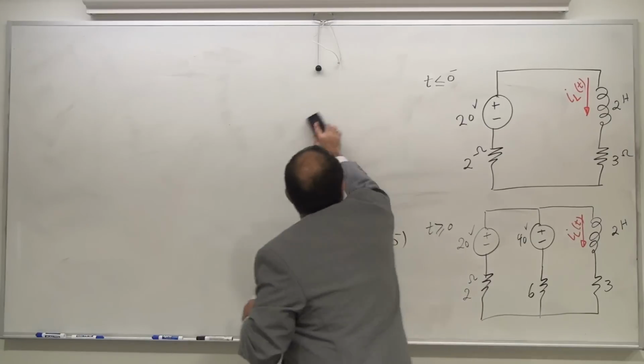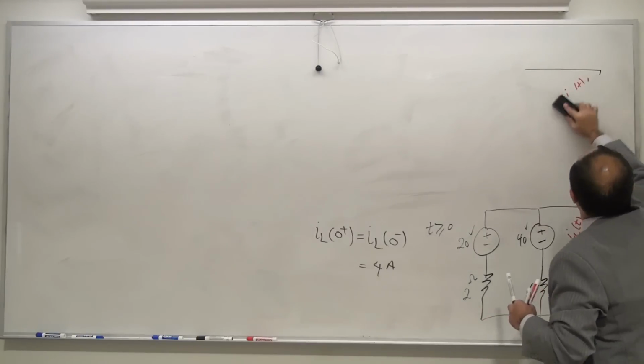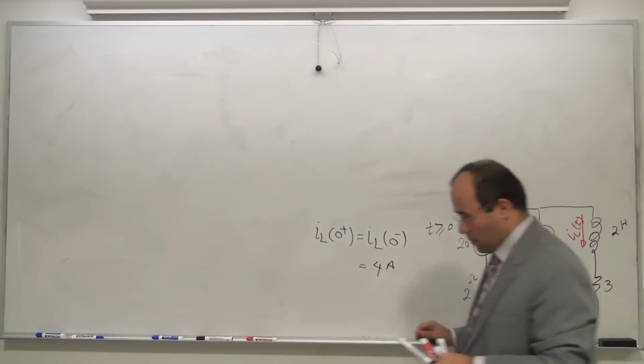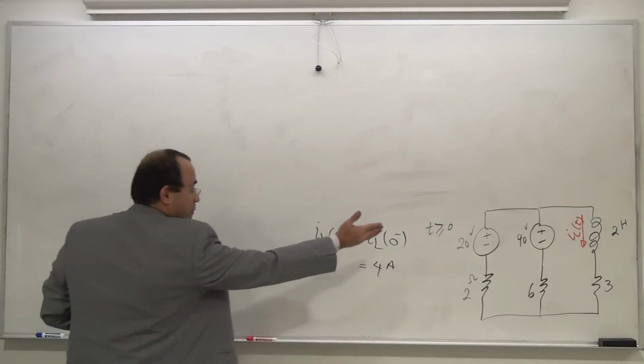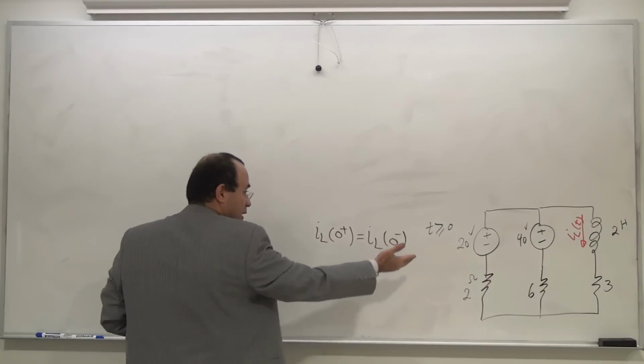Okay? Here is my design. The demand is to find IL of t for this topology after the switching event. The variable is IL. I have nothing to worry about because IL of 0 plus is already found.